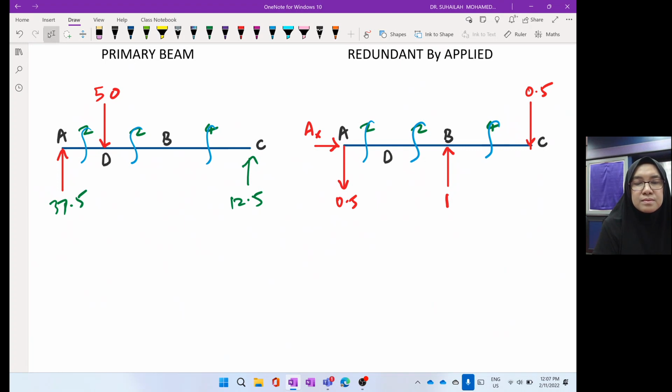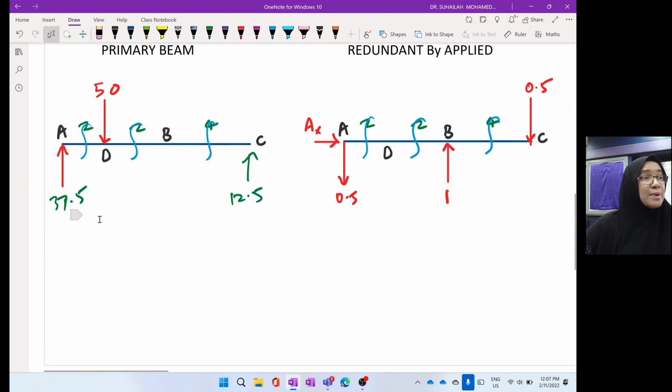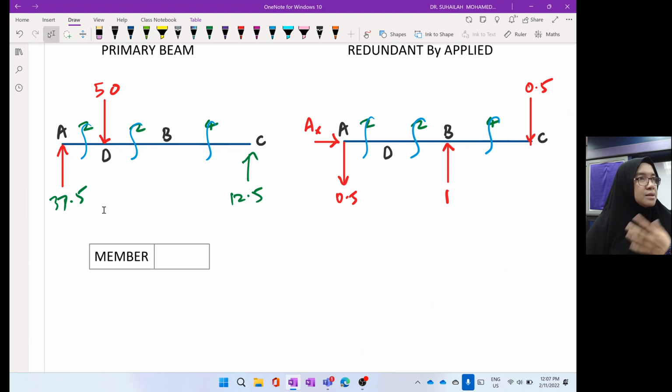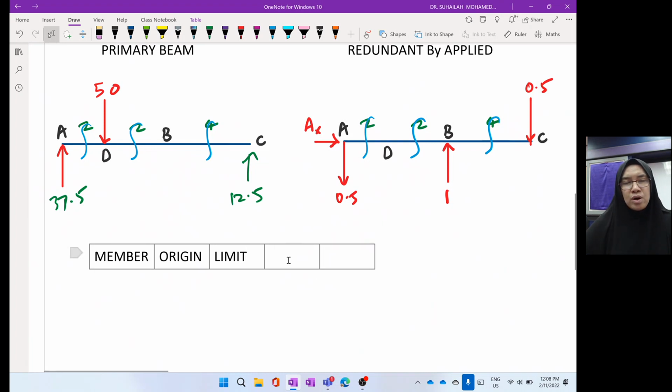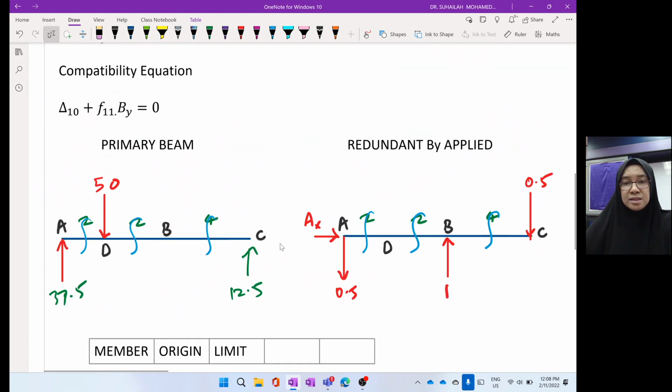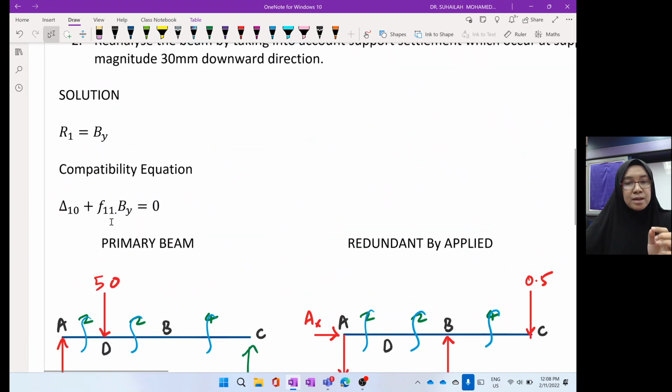Okay, now we will write the moment equation. What is inside the table? We summarize the moment equations in a table because we have more than one cutting section. For the table, we should have member, then origin, then limit, then M naught and M1.